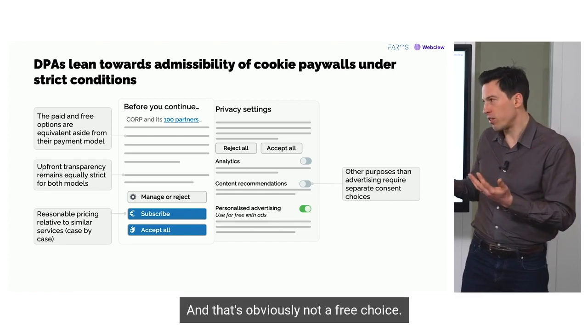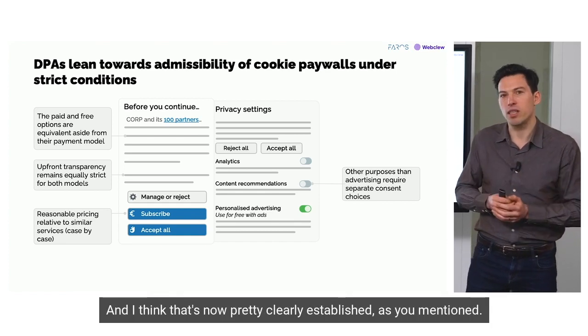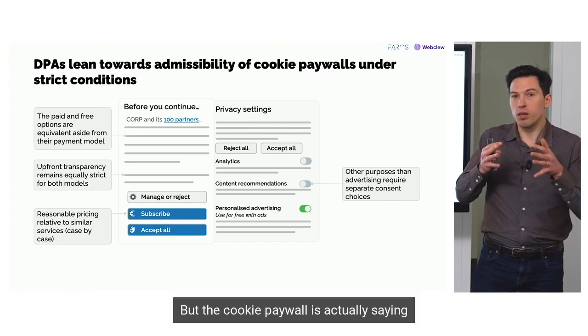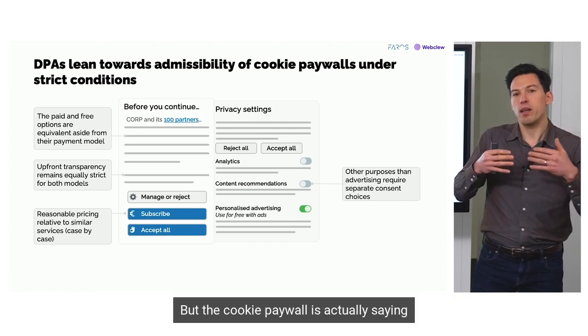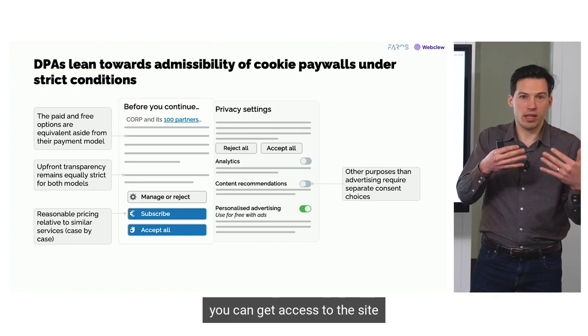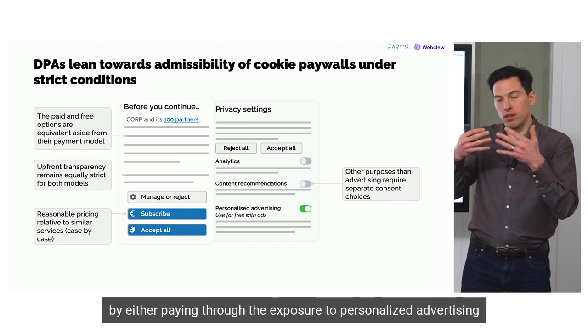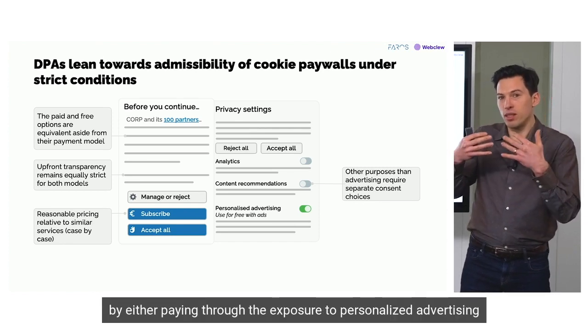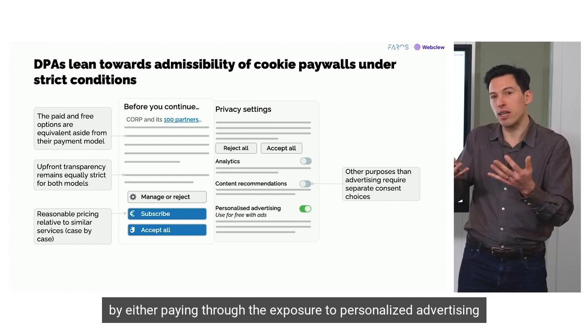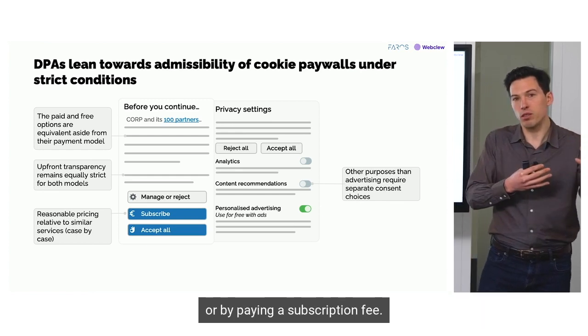And that's obviously not a free choice, and I think that's now pretty clearly established, as you mentioned.